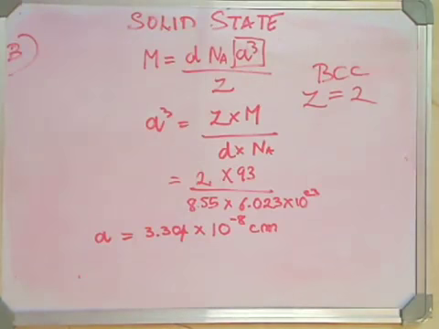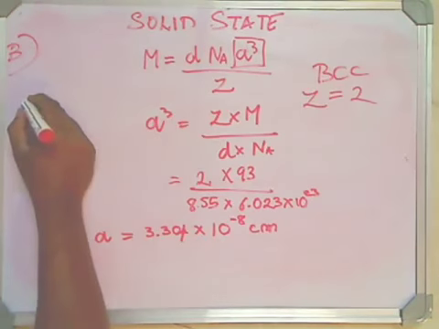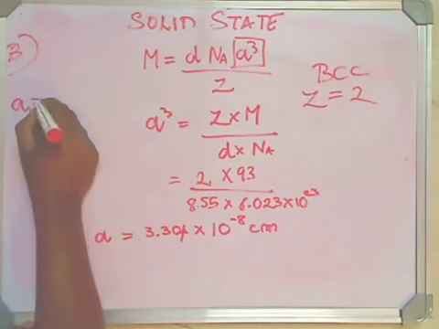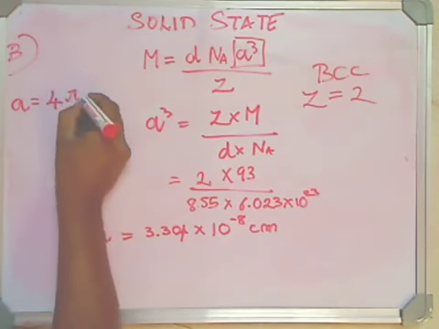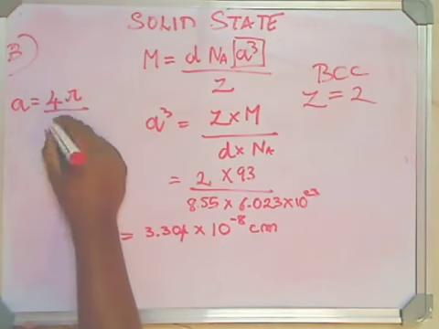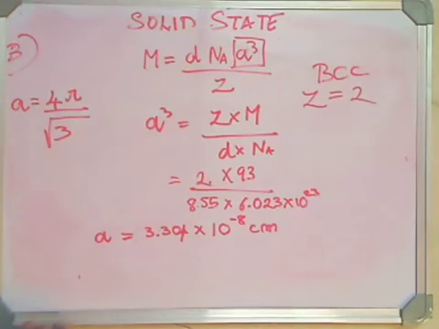Now, once I found out this, I can easily find the atomic radius. If you go back to the theory of BCC, you would see a formula wherein a actually equals 4R divided by the square root of 3.